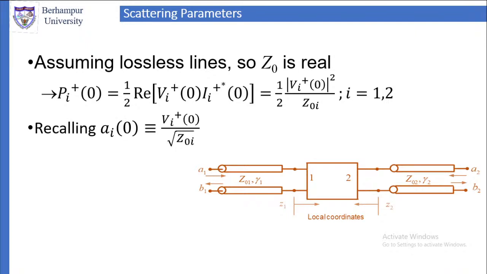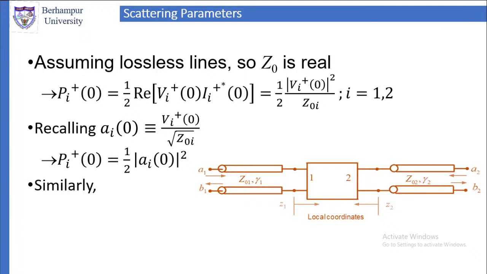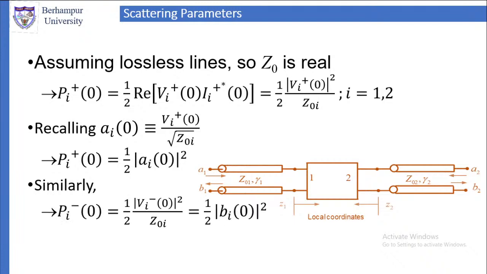Similarly, we recall now that Ai is equal to Vi by root Z0. Using that, Pi plus is equal to half of |Ai0| squared. Similarly, Pi minus is equal to half of |Bi0| squared.